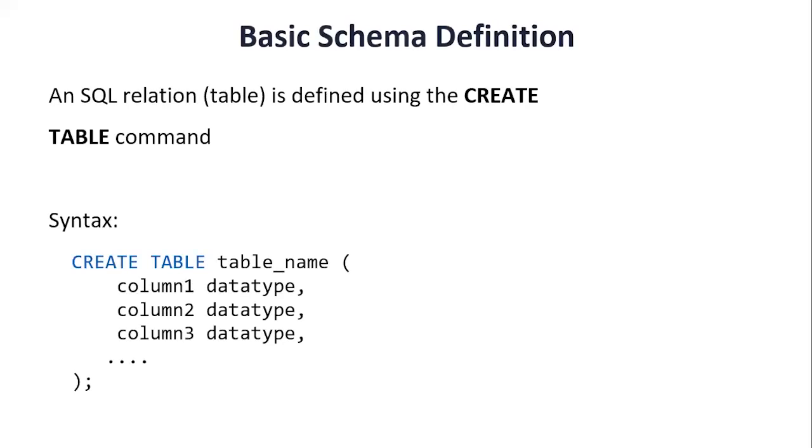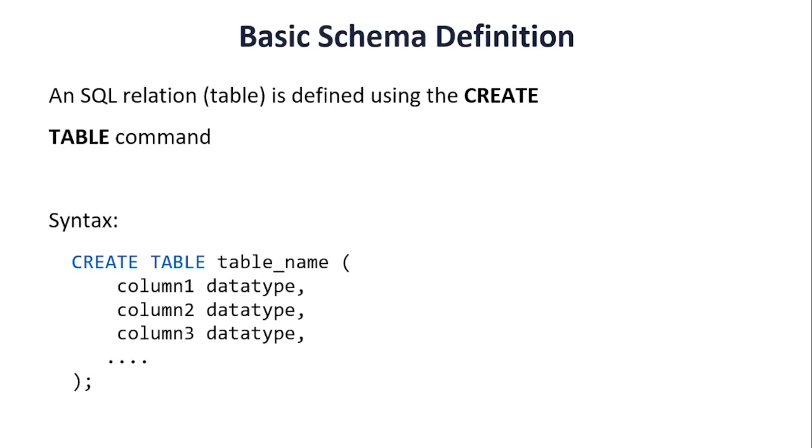As the first step, we will see how we can create a table with SQL, how to define the schema for a table. There's a simple syntax for how we can write that in SQL. There's a special command called create table. As you can see in this syntax example, the statement should start with create table followed by the table name.